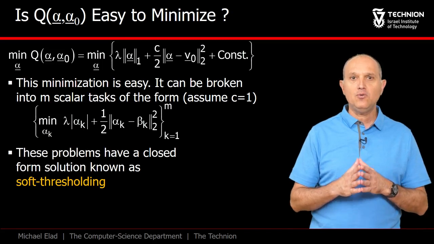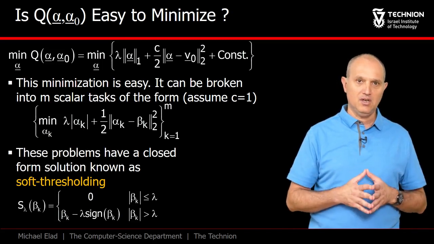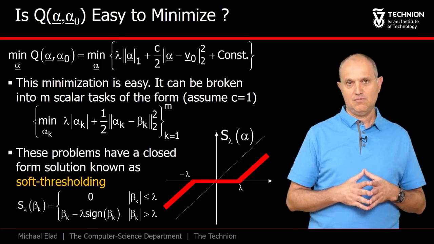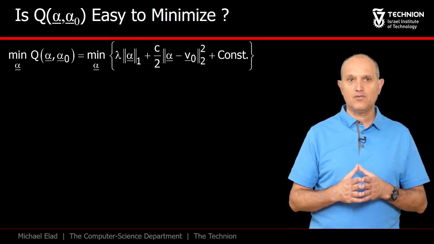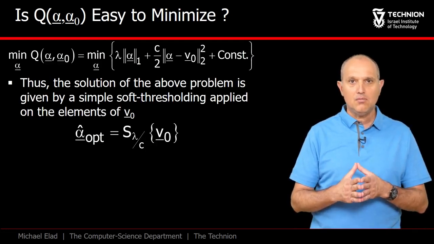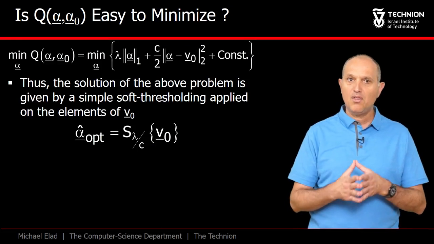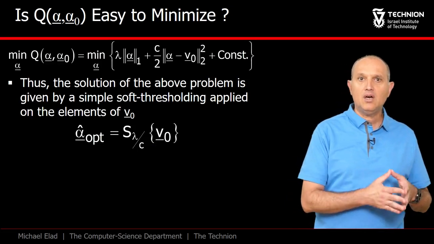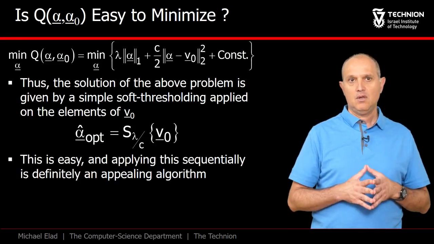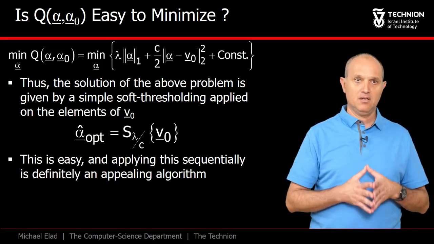These problems are known to have a closed form solution that relies on a soft thresholding, which looks like this. Returning to the task of solving the minimization of q, the solution is given in closed form by computing the vector v0 and then applying a soft thresholding on it with a threshold set to be lambda divided by c. This is quite easy, and applying a chain of such steps is appealing.